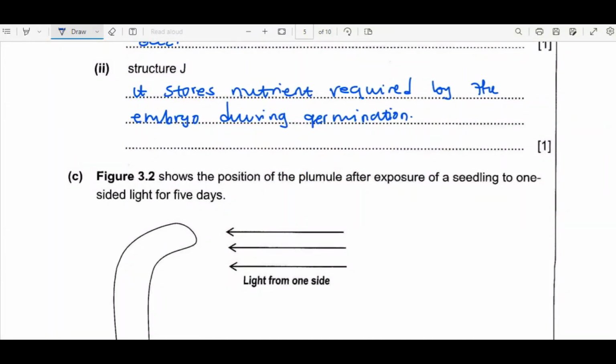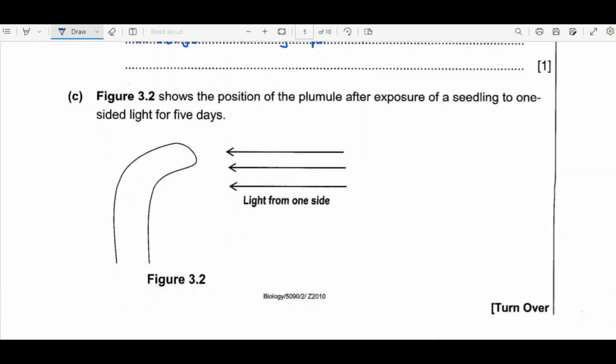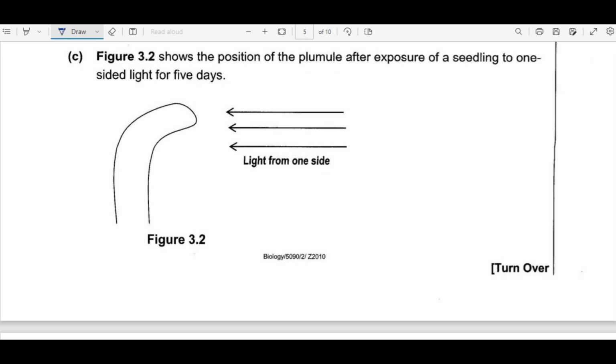Then for question C, figure 3.2 shows the position of the plumule after exposure of a seedling to one-sided light for 5 days. So now the question is, what happens whenever a seedling or a part of a plant is exposed to one-sided light?